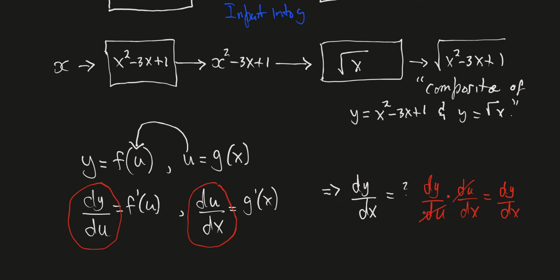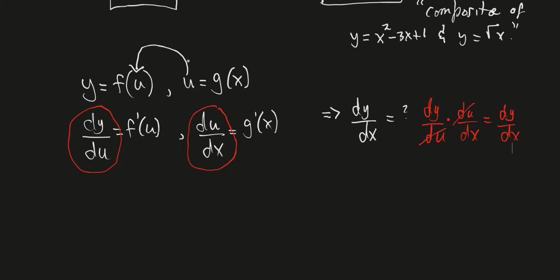We don't have the machinery or the background to get super precise here. But it seems, at least intuitively, that if we multiply these two separate derivatives, dy du and du dx, then the du's will cancel and we'll be left with dy dx. So that's the first version of the chain rule.